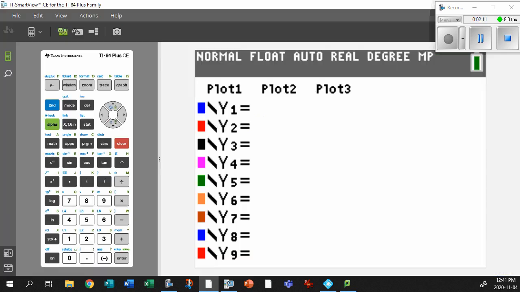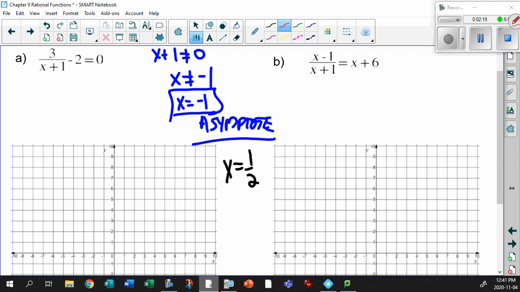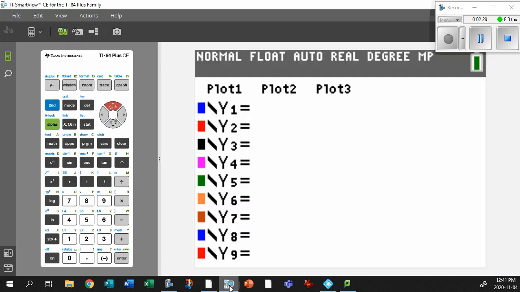Okay, so first things first, got my calculator. Y equals 2. Now, we have two different options here. If we go back to this, we have an option of doing it this way, and you can just put it into your graphing calculator and find the x-intercept. So let's find that x-intercept.